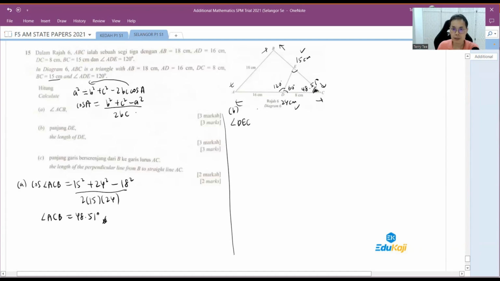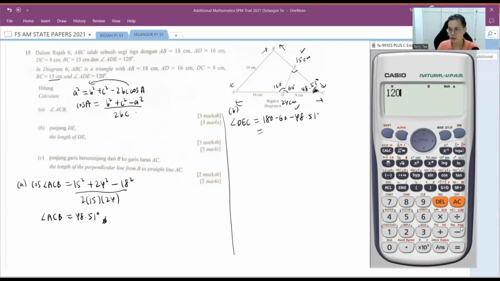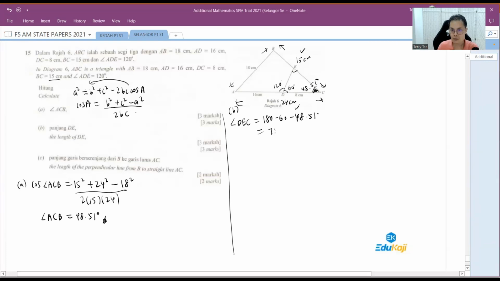This is part 2, part B, which is 180 minus 60 minus 48.51. Okay, 120 minus, I can just do 120 minus 48.51. It gives me 71.49, right? So if it's 71.49, I can now use sine rule.